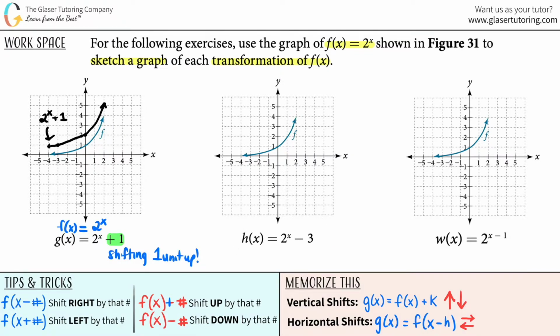Okay, so they give us h of x is 2 to the x minus 3. I'm just going to put up here that the original function was 2 to the x. So you can see what they added. They added the minus 3. Is that a horizontal shift or is that a vertical shift? Was this minus 3 in the actual function or is it outside of the function?